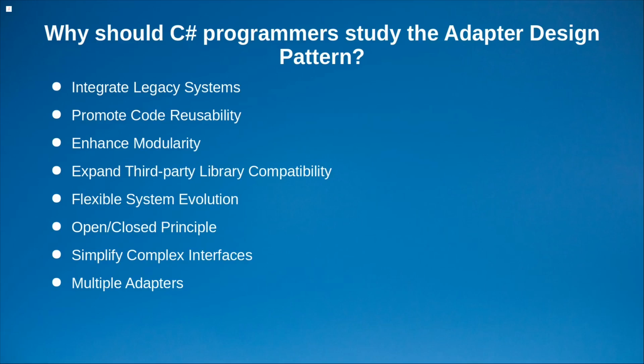In the context of C# with its rich standard library and extensive ecosystem of third-party components, understanding the adapter design pattern becomes crucial. It offers a structured approach to ensure components and systems work in harmony, fostering integration, modularity, and maintainability. By mastering this pattern, C# developers can build adaptable and resilient software.